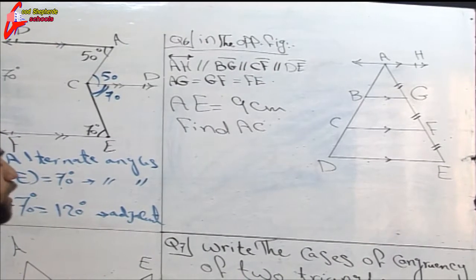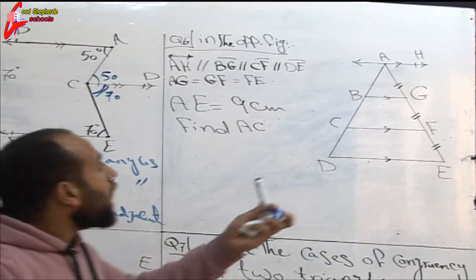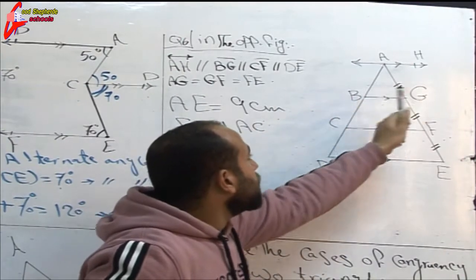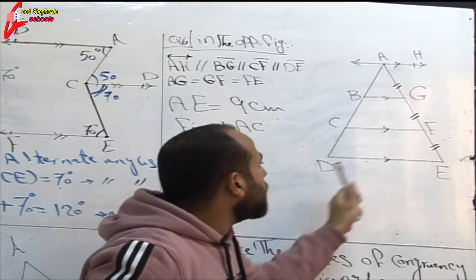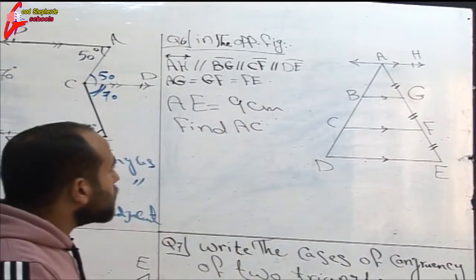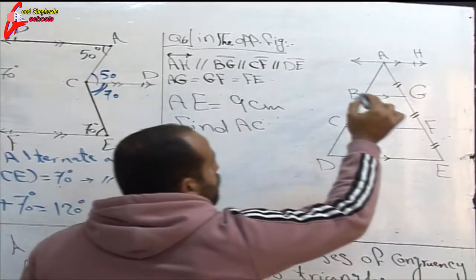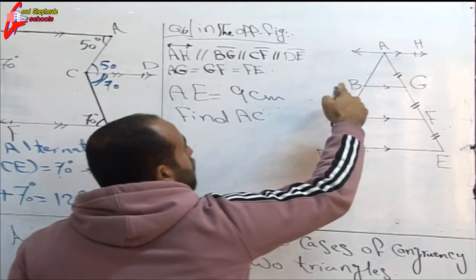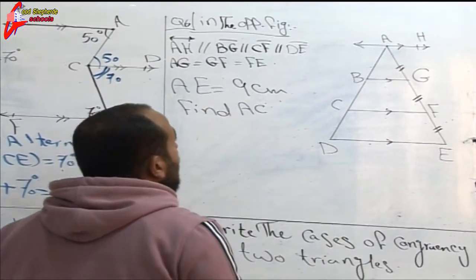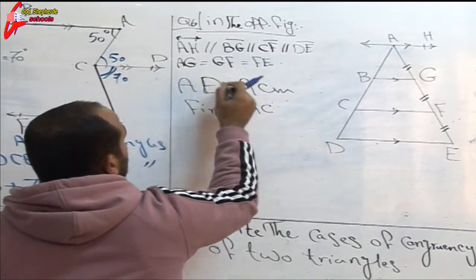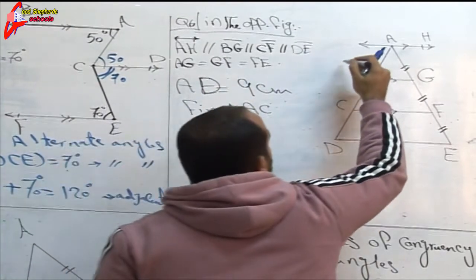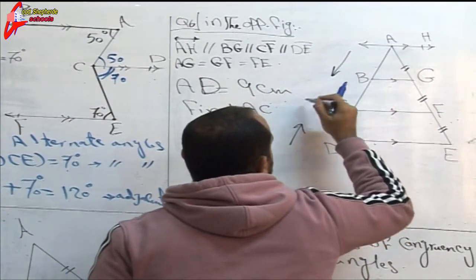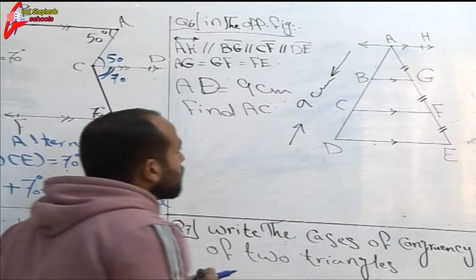First of all, if I have AH parallel to BG, parallel to CF, parallel to DE, it means AG equals GF equals FE, and AB equals BC equals CD, and AD equals 9 centimeters.